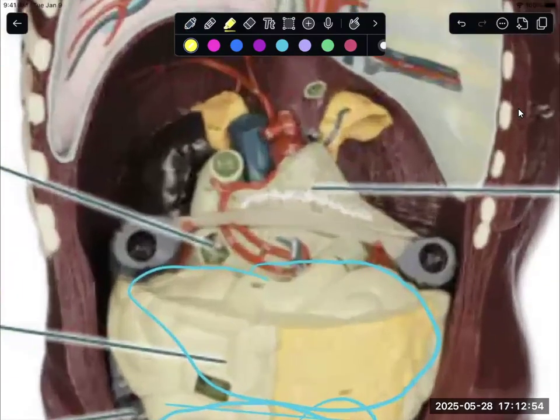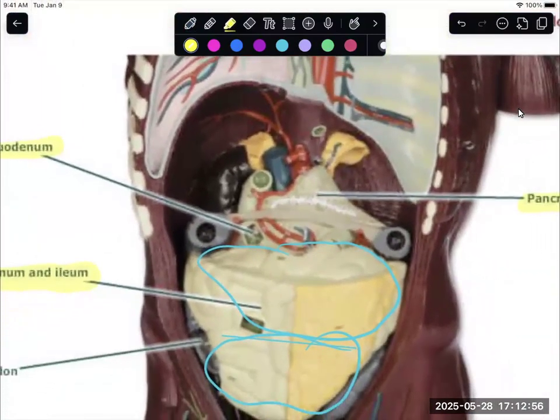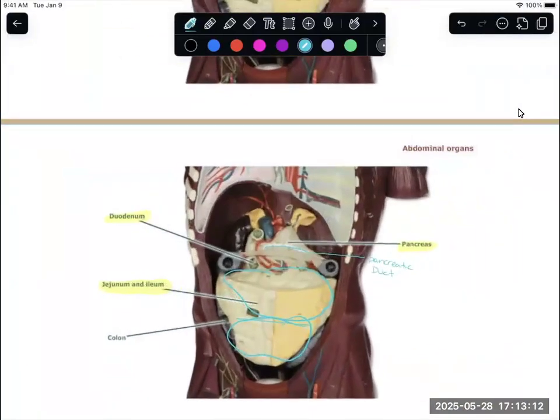Since they open that pancreas, it's not the best picture. Sorry. Here's this little white line. That is that pancreatic duct. This is taking all the different digestive juices, digestive enzymes, and taking it towards that duodenum.